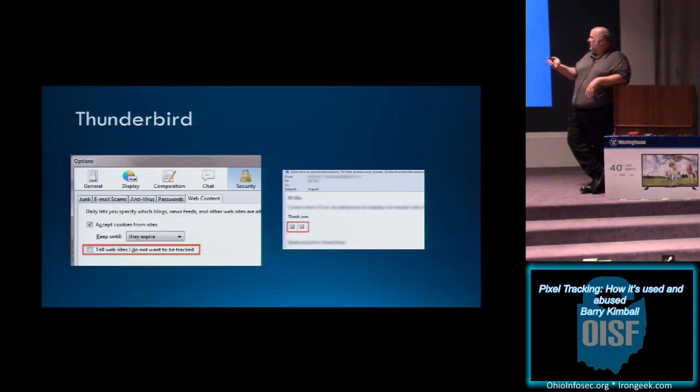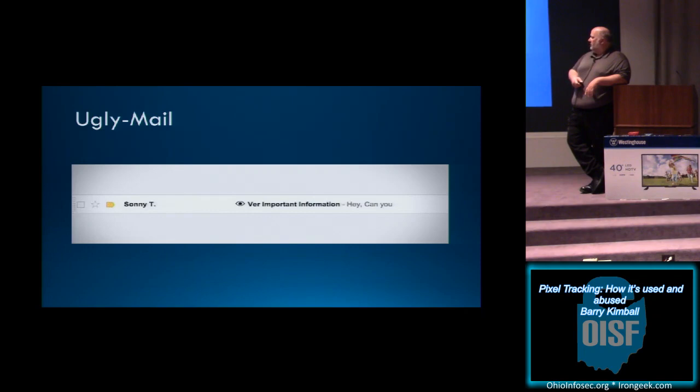But yeah, as I say, because Thunderbird's a little bit more primitive, viewing stuff in raw mode is harder to do. It might be in there buried somewhere. I didn't spend a whole lot of time digging into Thunderbird as I did with Outlook. But I would assume Outlook gives you an HTML link. This is what Ugly Mail looks like.